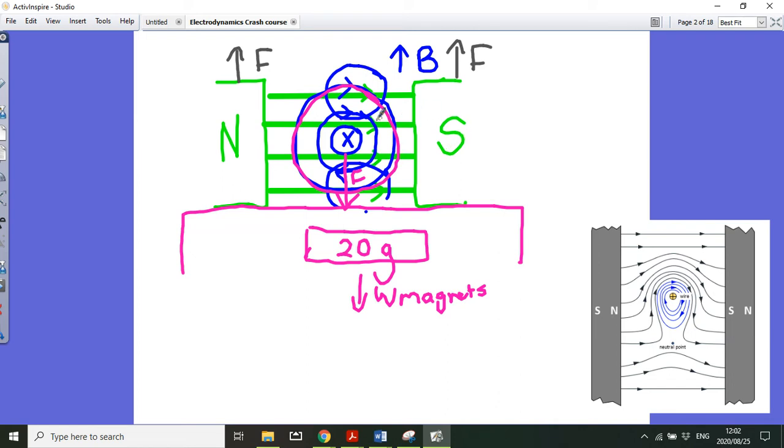Force of magnets on wire equals force of wire on magnets. So when you switch on the current in the wire, the two magnetic fields interacting will cause the magnets to move up. And because the wire is not touching the scale, this reading will not be 20 anymore, because the magnets are being lifted up a little. The reading on the scale will drop.